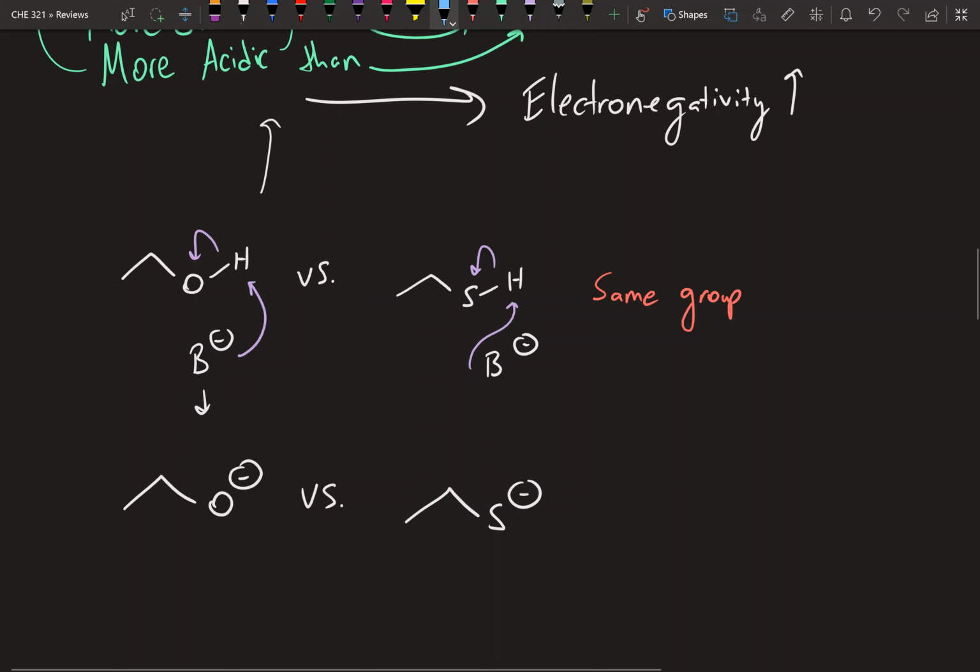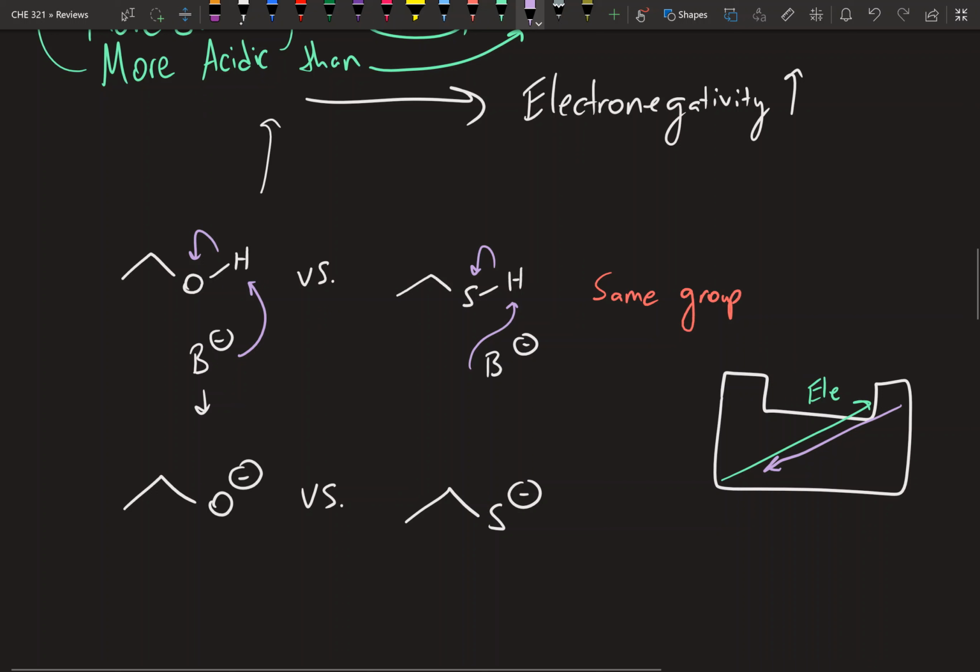Because when we're talking about within columns, we now have to consider the atomic radius trend. If you remember, if we have a periodic table, electronegativity trends like this, but then the atomic radius trend is going to go this way.